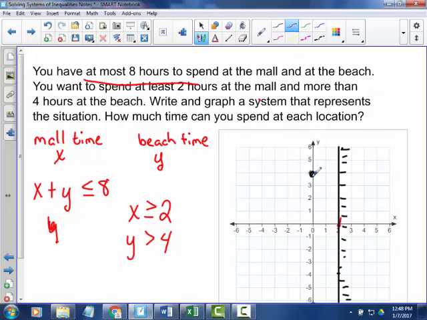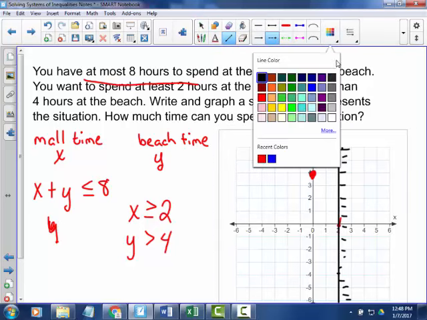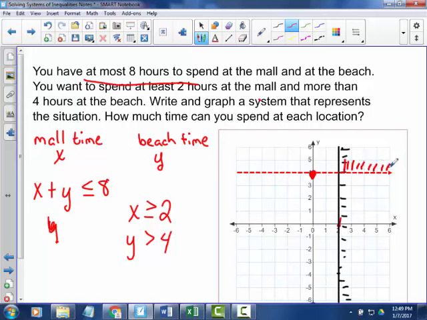Keep the colors, okay. And this time it'll be a dashed line because it's strictly greater than. Okay, and we'll be shading, let's see, greater than, we'll be shading above. So I know it's just going to be in this section now, right?